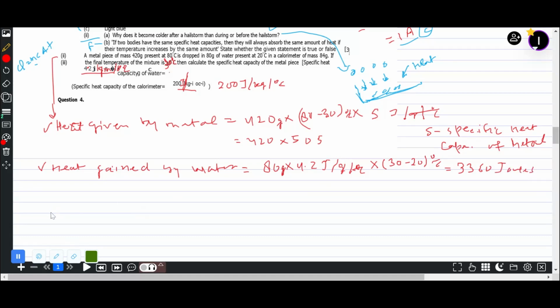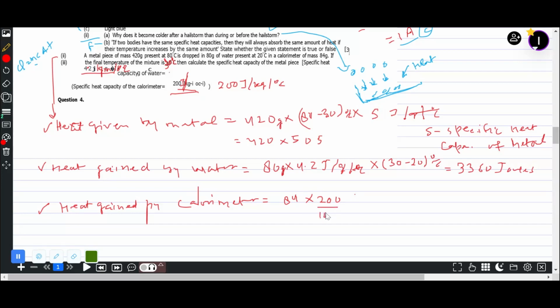Third thing is heat gained by the calorimeter. What is the weight of the calorimeter? Mass is 84 gram. What is the specific heat capacity? 200 joules per kg.